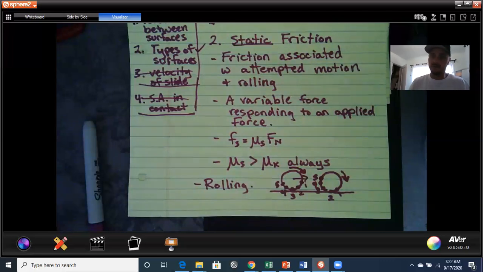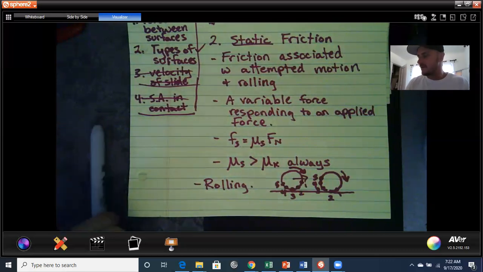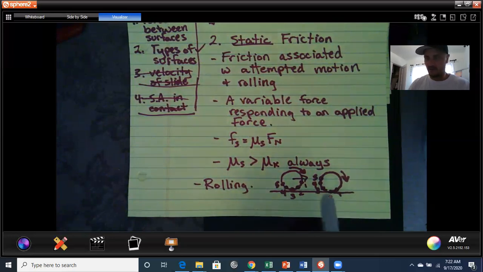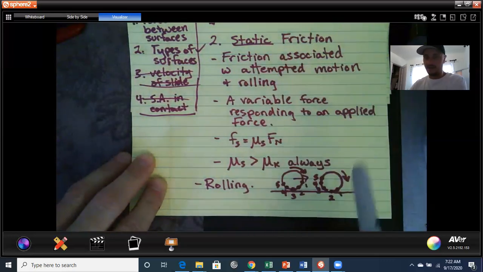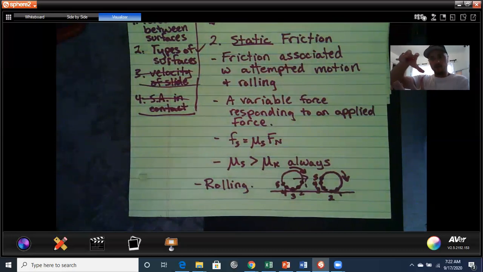And here's the interesting thing. That's the idea between these two surfaces, that there is not sliding friction. It is a static friction that's allowing that wheel to grab and turn so that a whole another set of particles can grab and turn it, grab and turn it, grab and turn it.